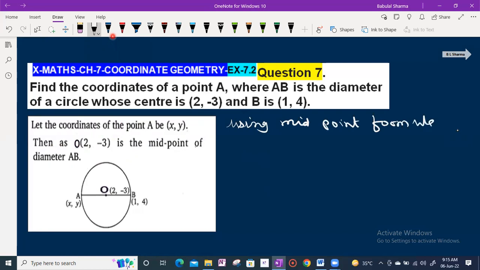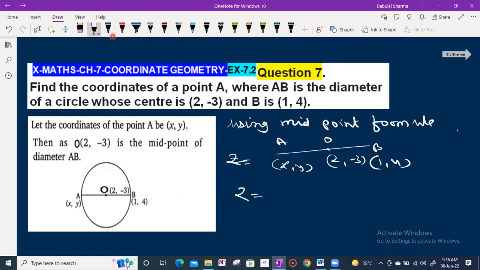this is A, its coordinates are (x, y). This is B, coordinates (1, 4), and O is the midpoint (2, -3). So the x coordinate of the midpoint will be x plus 1 divided by 2. So 4 is equal to x plus 1, so x is 3.